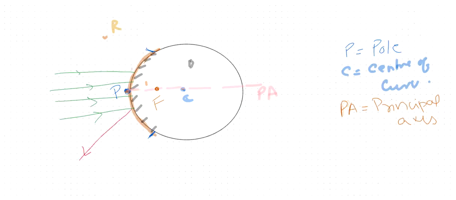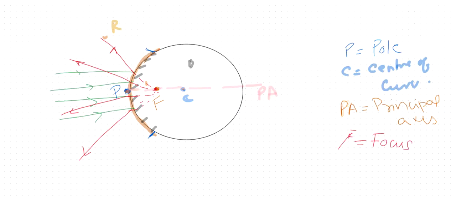All these rays are getting reflected, but they seem to be coming from this point F. That is, they diverge from this point F. And this F is behind the reflecting surface, behind the mirror. Let me write F as focus.